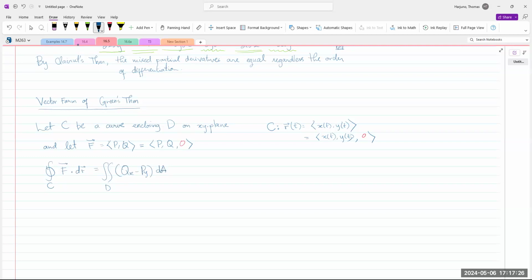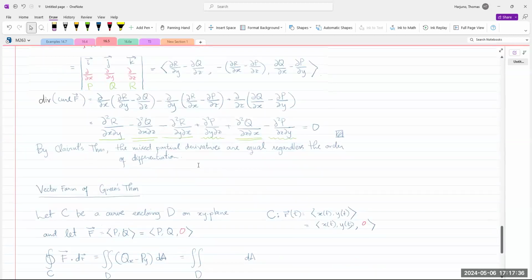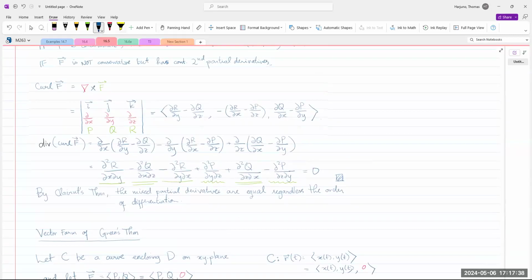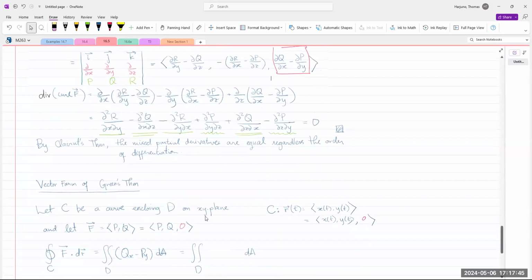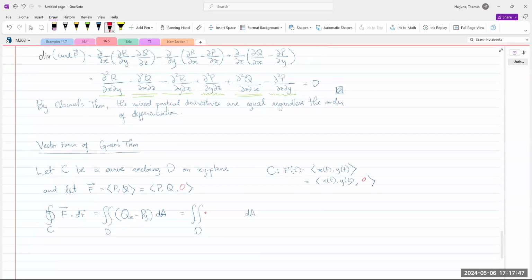Now, notice that the integrand is actually the third component of the curl. That's the integrand, right? This is the curl of F. That's the third component of the curl. Is it right?